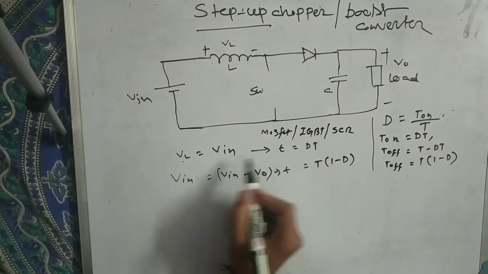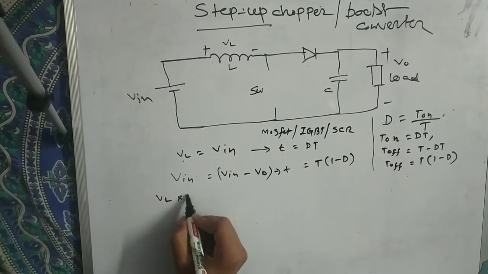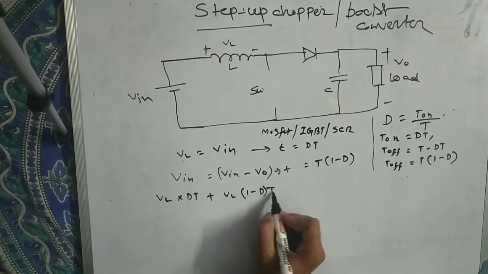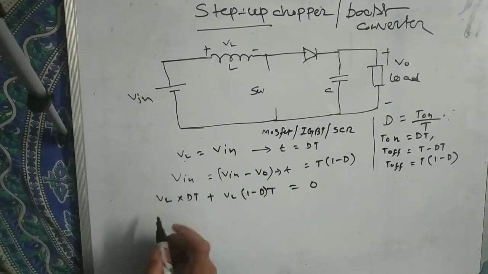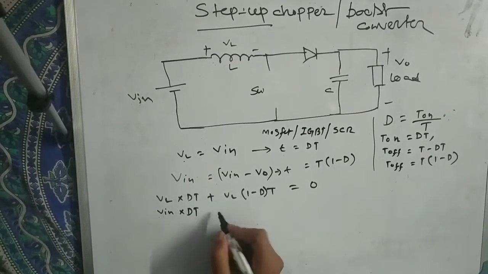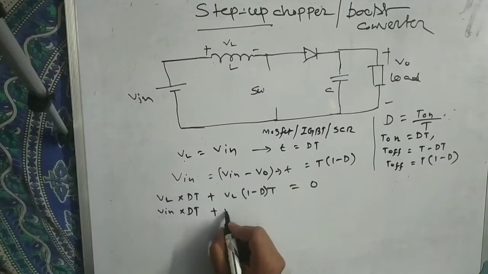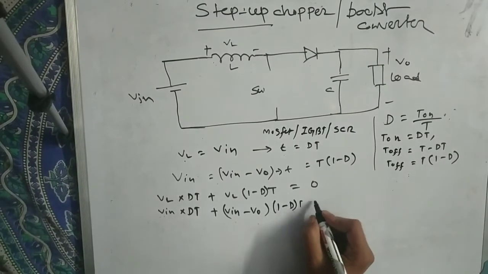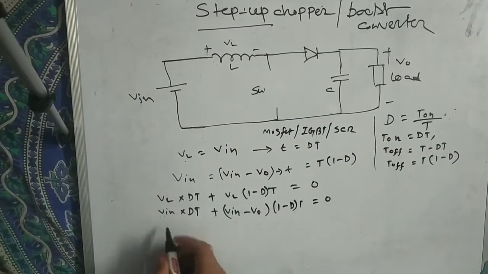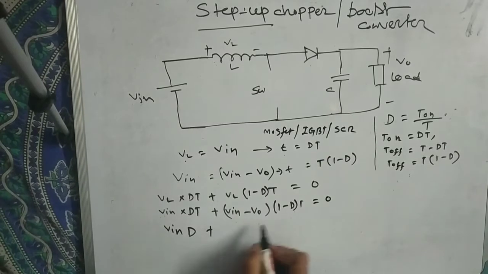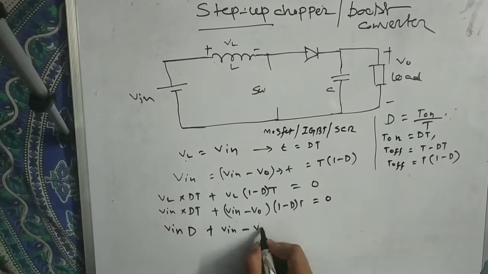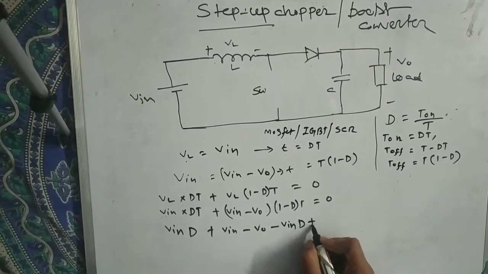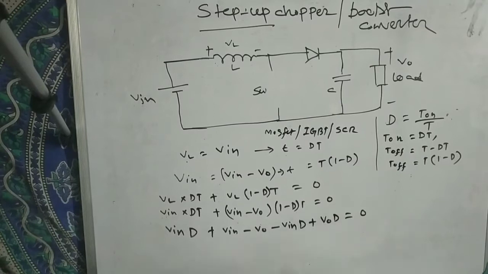Volt second balance means VL into DT plus VL into (1 minus D) into T equals 0. For the on time, the inductor voltage is Vin into DT, plus for the off time, when the switch is off, the inductor voltage equals (Vin minus V0) into (1 minus D) into T. If T is taken common and the sum is 0, then Vin into D plus (Vin minus V0) minus Vin D plus V0 into D equals 0.